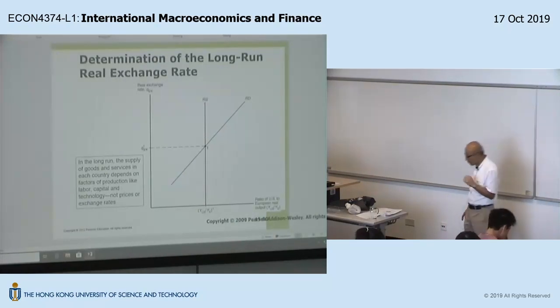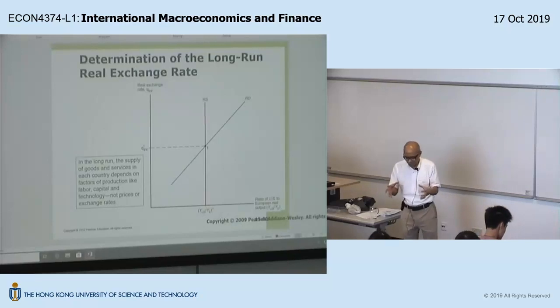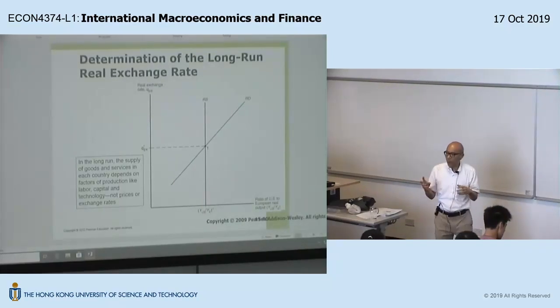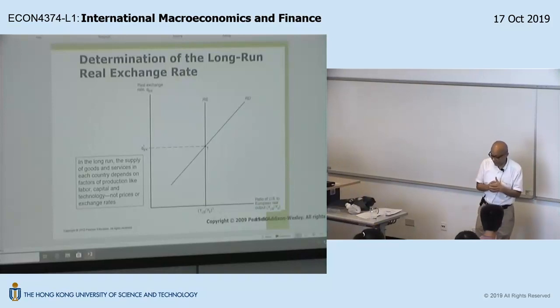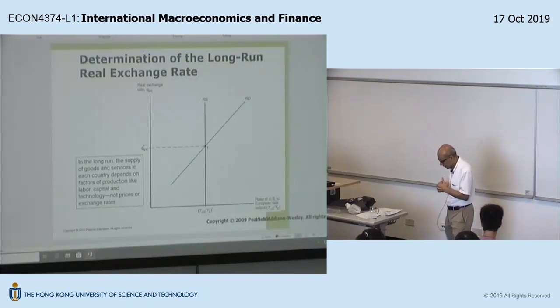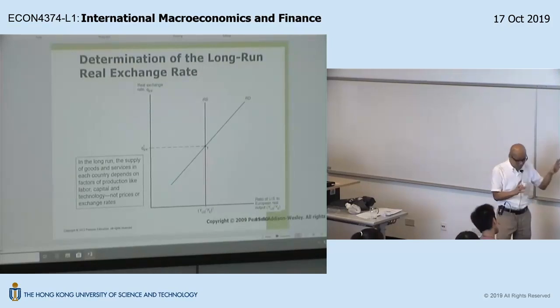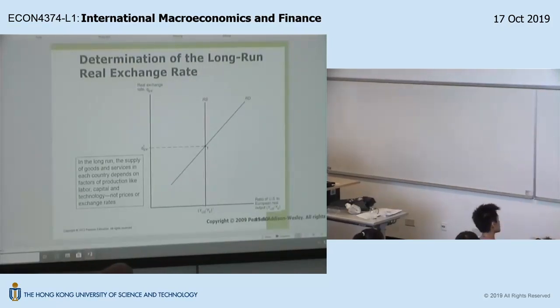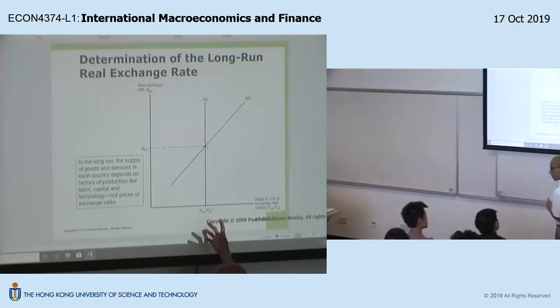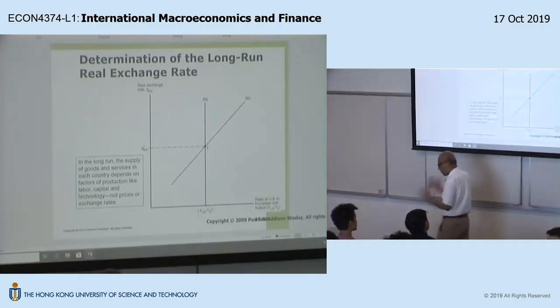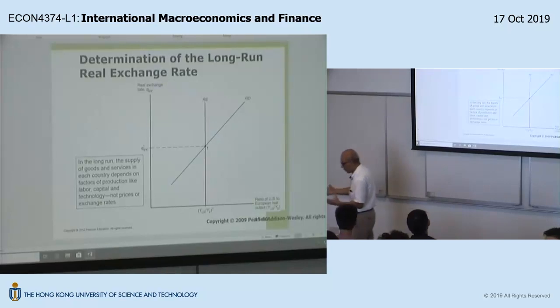Since this course does not cover international trade, it's hard for me to go into detail about comparative advantage. If you have taken international trade, this will be a little easier for you to understand, because in international trade we always talk about general equilibrium.